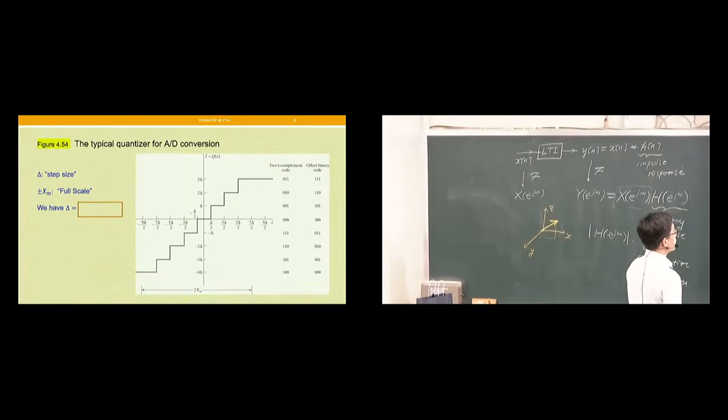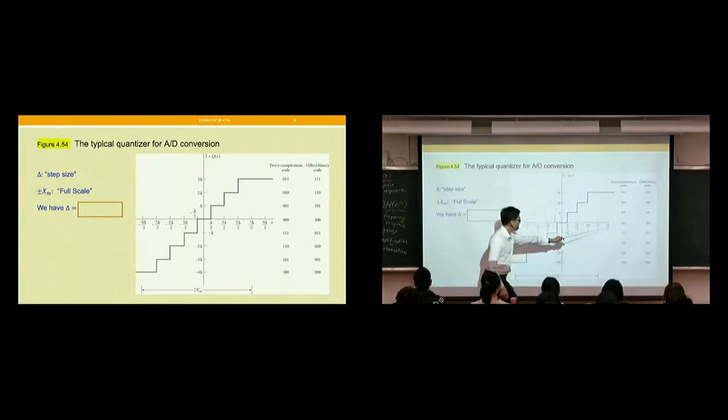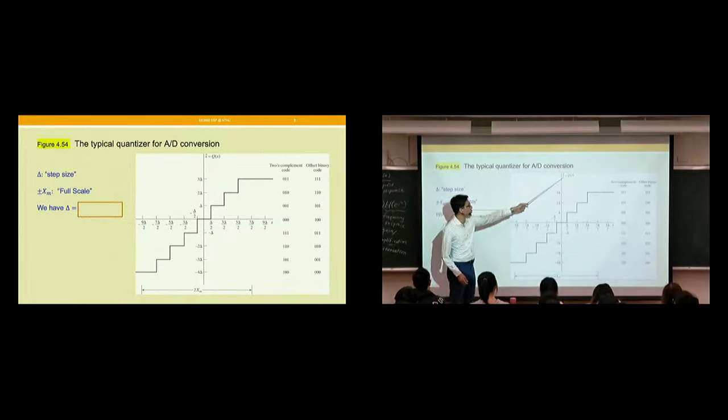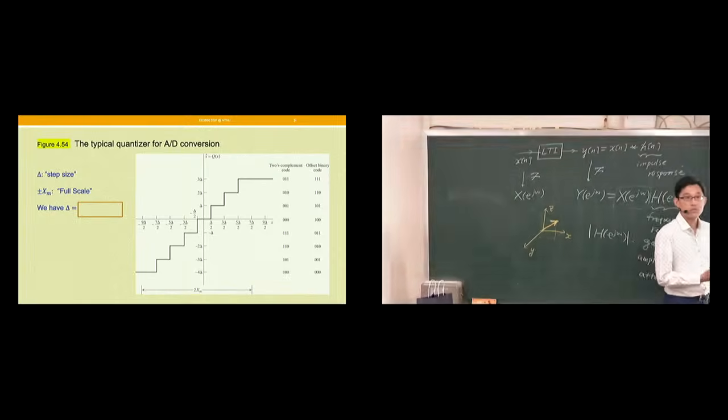In this figure, remember x is any number before quantization, and x hat is after quantization. X is the input, and the output is x hat equals Q of x, where Q stands for quantization, a quantizer, so to speak.